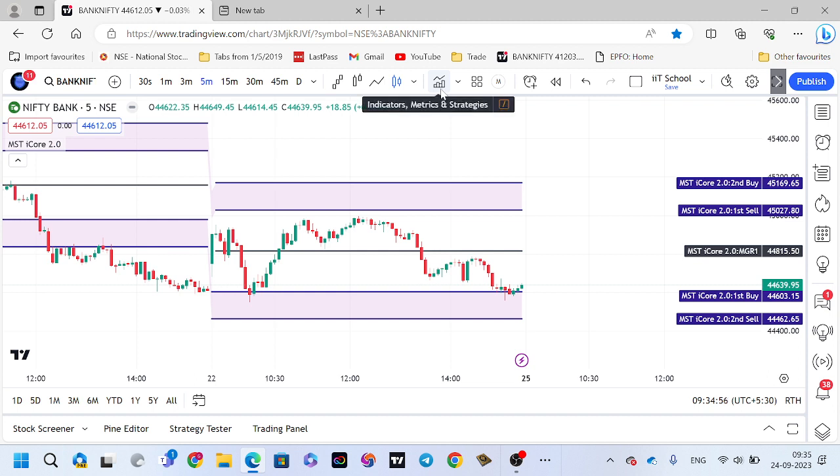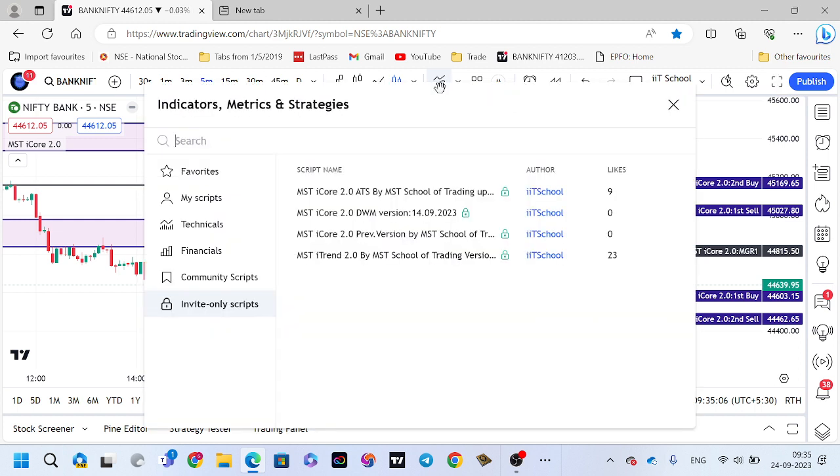Here it is mentioned as indicators, metrics, strategies. You have to click here. See, I have kept the cursor here. Once you click here, automatically you will be getting all these options like favorites, my scripts, technicals, financial, community scripts, invite only scripts and all. So under the invite only scripts mode, your subscribed indicator will be available.